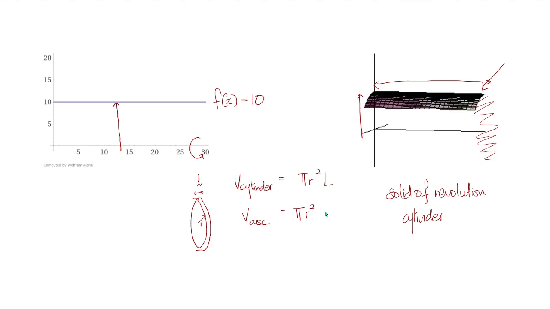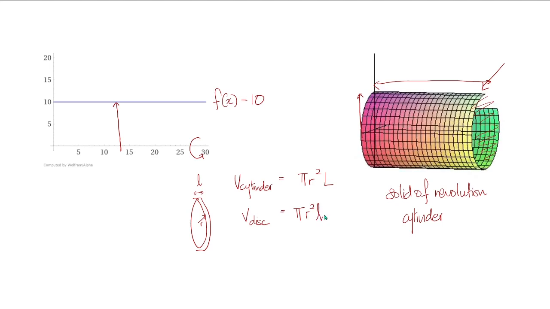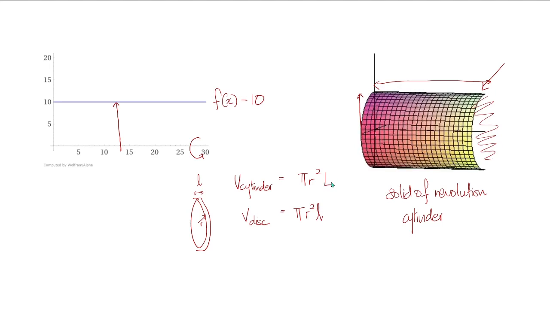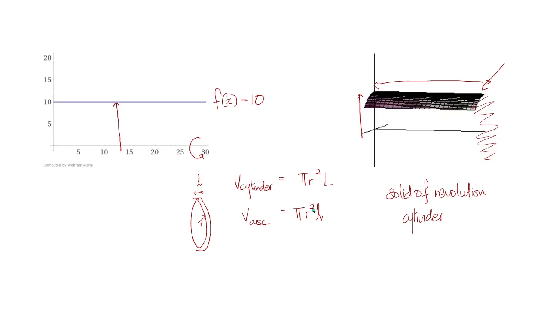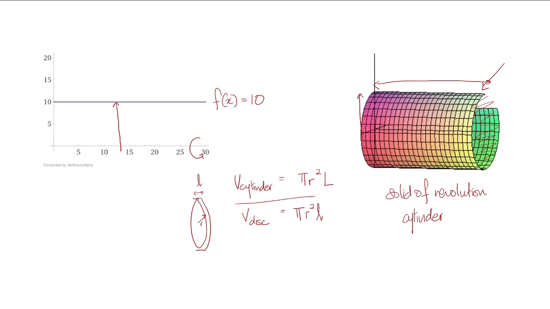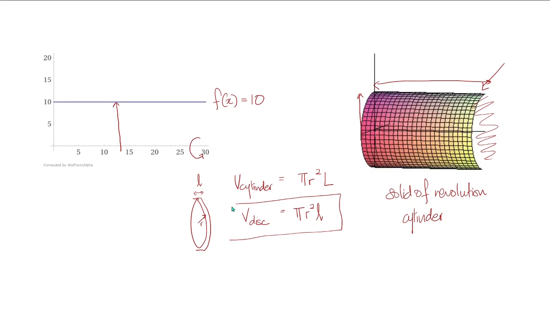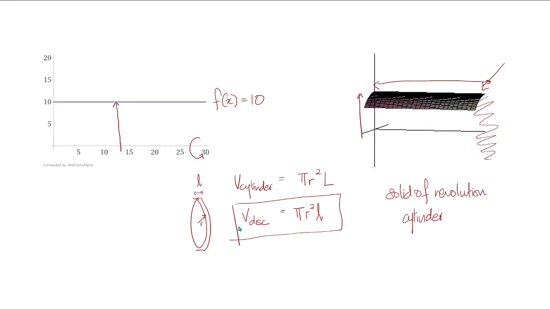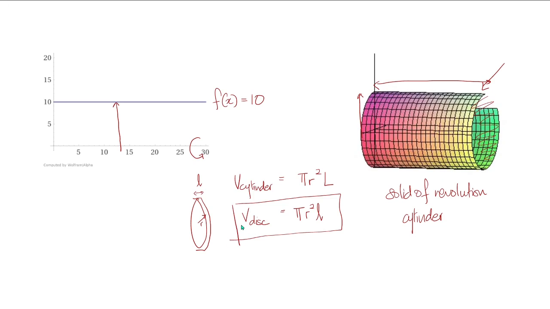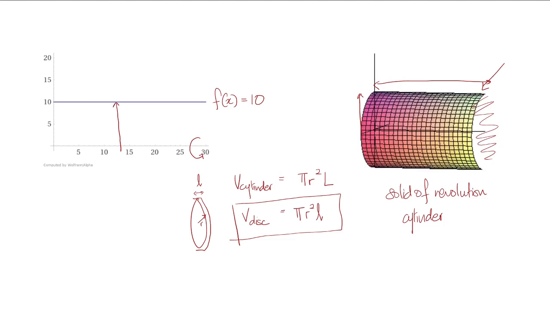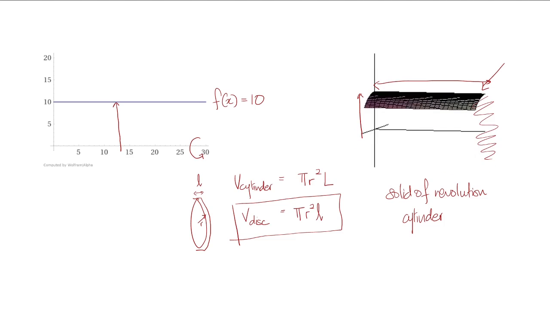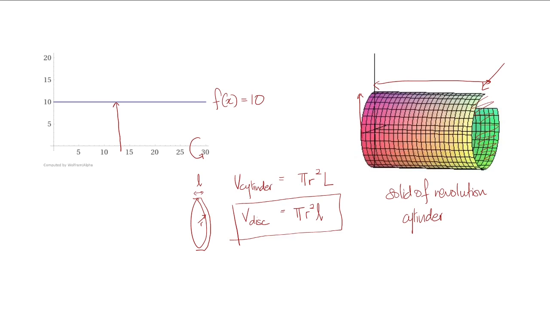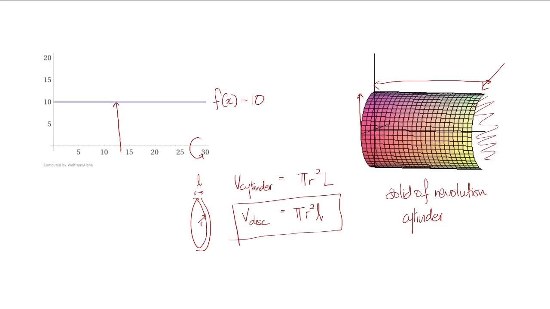The volume of that disk has a similar form to a cylinder. Why I'm telling you this is because this is going to be an important tool in trying to find volumes of any arbitrary shapes, especially volumes of solids of revolution.